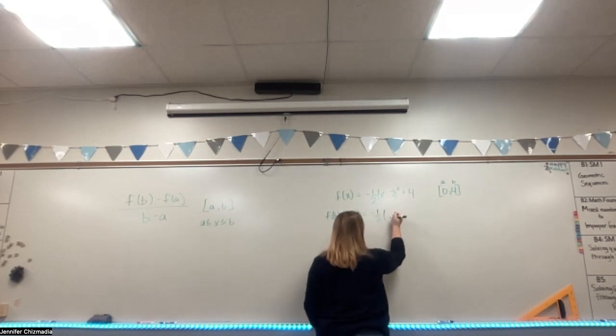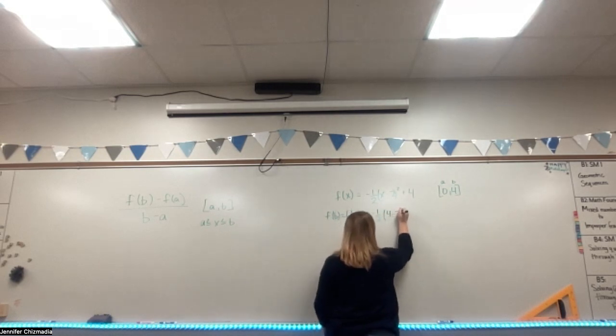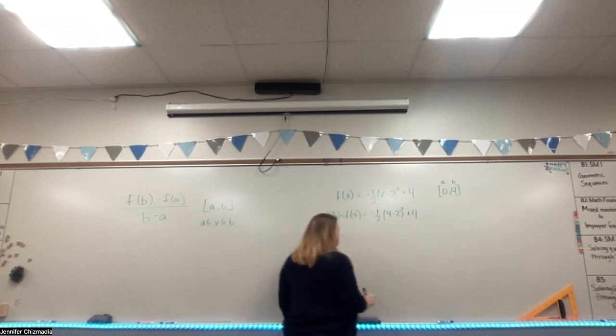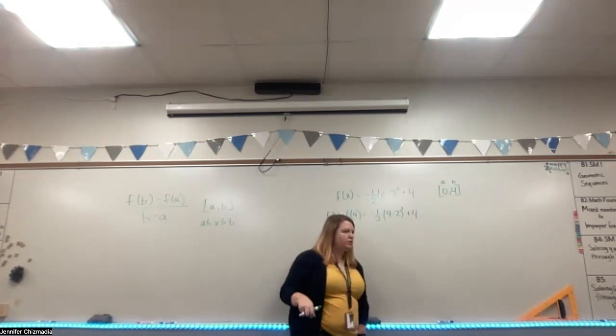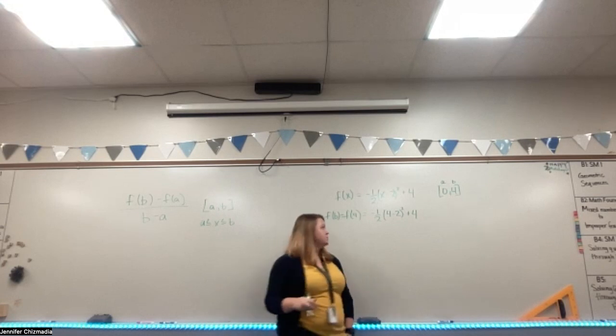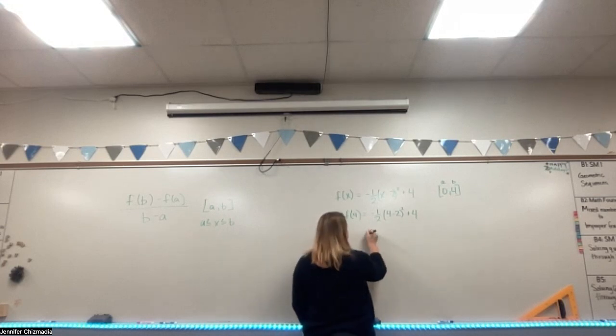Parentheses, the 4 minus 2, and then plus the 2, and plus 4. Now, according to our order of operations, what do we do first? The 4 minus 2, which is 2.